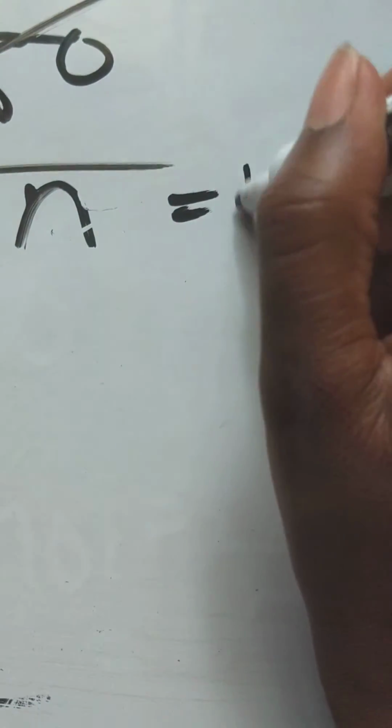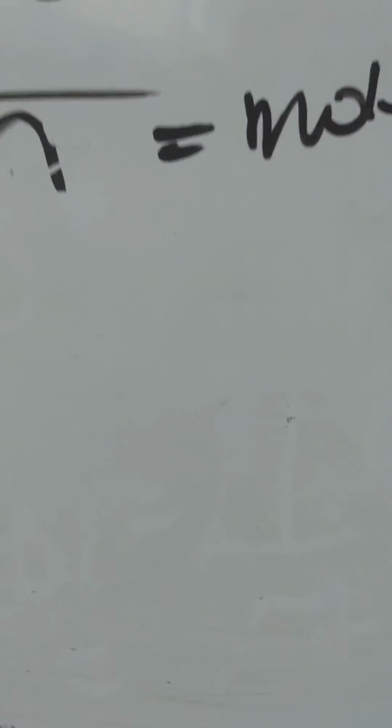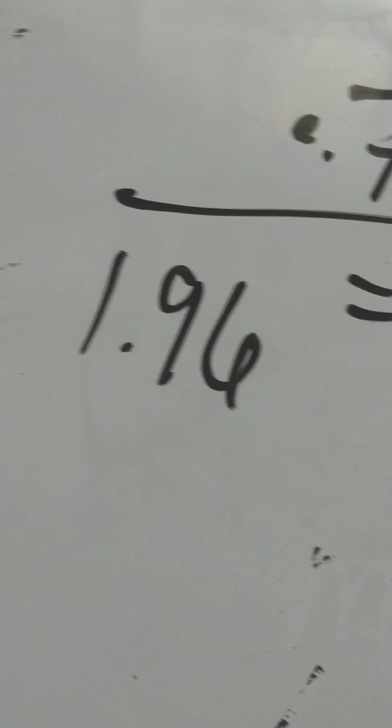N equals moles, and that is exactly the amount of moles that we had to work with initially.